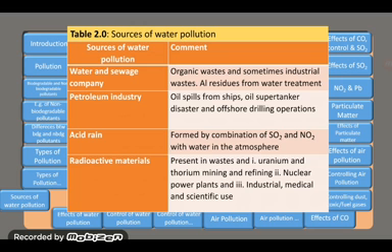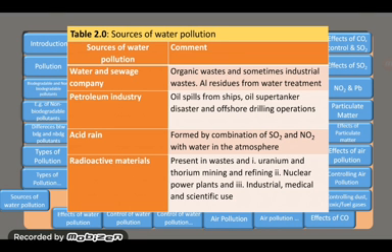At times we use radioactive rays in sterilizing surgical equipment, and this can lead to contamination of water as well. In the medical field we also use X-rays and other radioactive rays in the treatment of diseases like cancers.